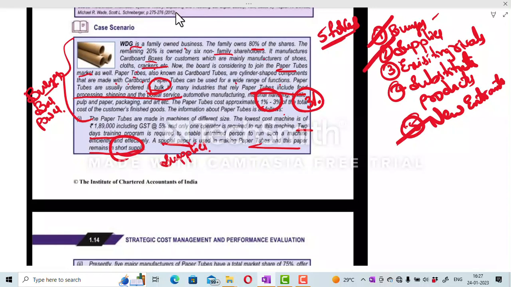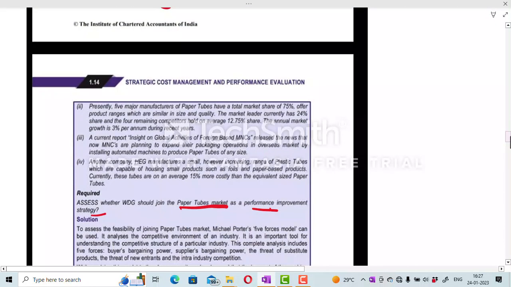Next, presently 5 major manufacturers of paper tubes have a total market share of 75%, and offer product ranges which are similar in size and quantity. Okay, there are only 5. The market leader currently has 24% share, and the 4 remaining competitors hold on average 12.75%.